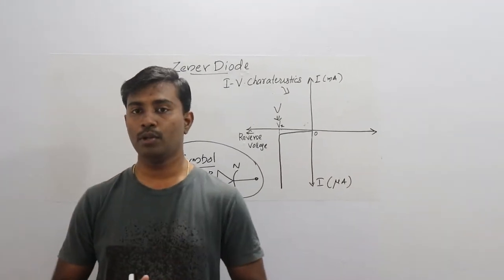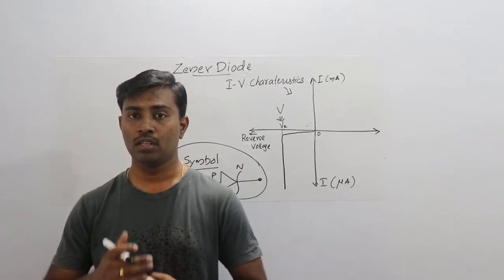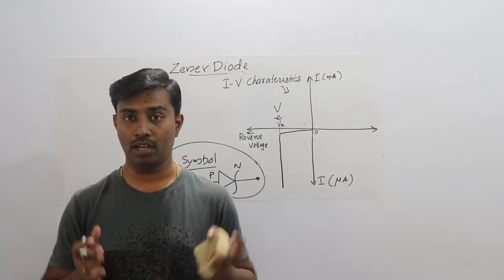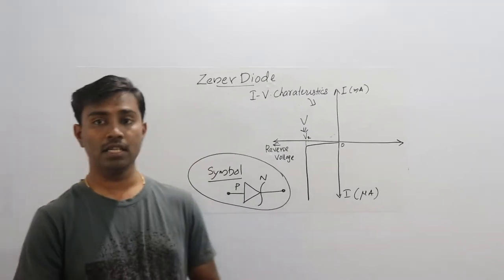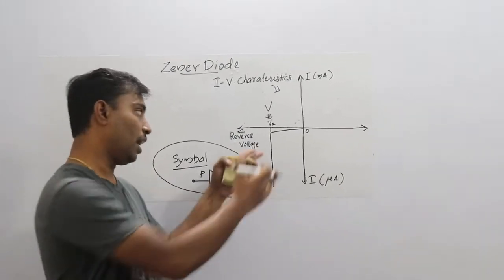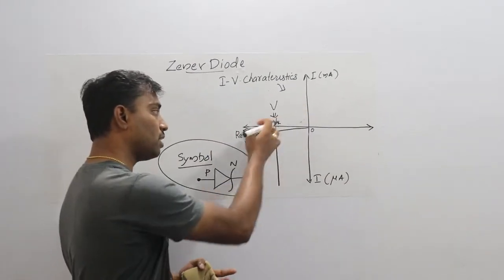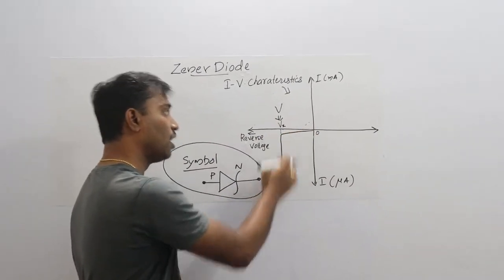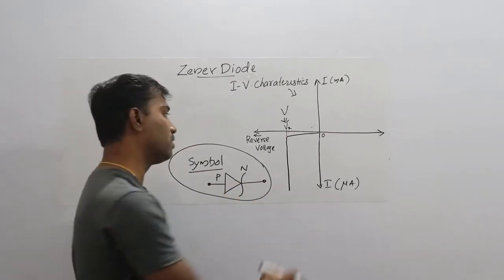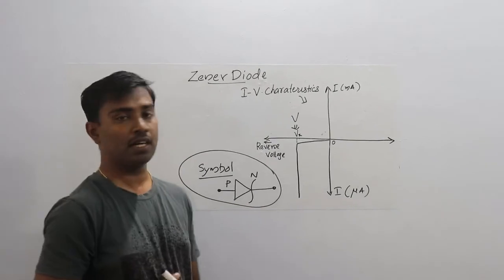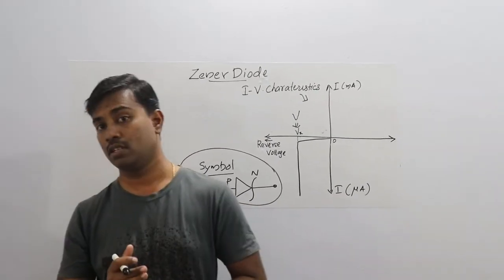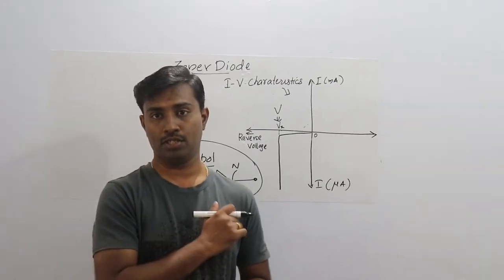In the diagram, when the reverse voltage increases, the current increases. When the reverse voltage reaches a particular value, there is a sharp increase of current. We call that voltage the breakdown voltage, also known as the Zener voltage.